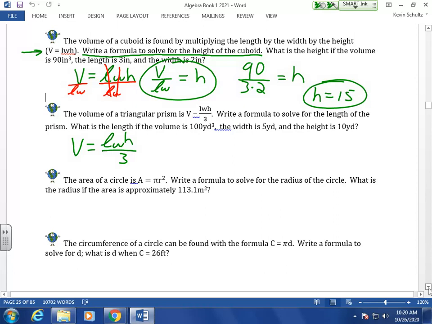Well, we don't know, we're not reading past here yet. We're stopping here. We don't have values yet. What I want to do first, before I start plugging in numbers, that's going to kind of be our way of testing, make sure our formula works. I want to rewrite this formula to solve for L, keeping the volume as V, the height as H, and the width as W.